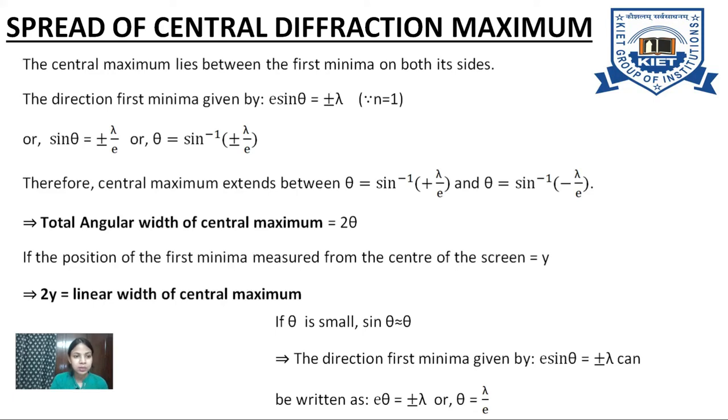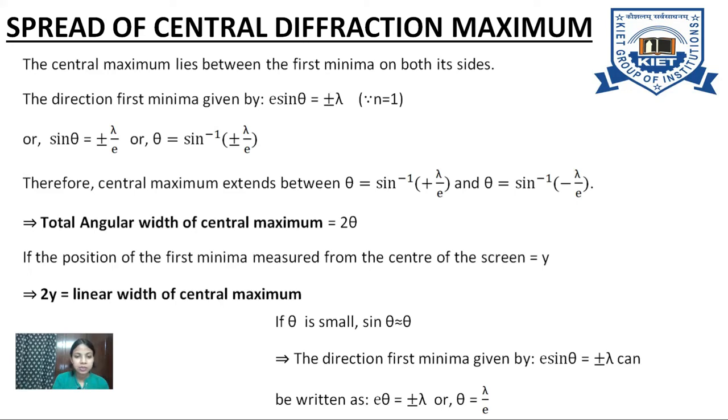Now solving this, we get sine theta is equal to plus minus lambda upon e, or theta is equal to sine inverse plus minus lambda upon e. So the central maxima extends between theta equals sine inverse plus lambda upon e and theta equals sine inverse minus lambda upon e. So the total angular width of the central maxima is 2 theta.